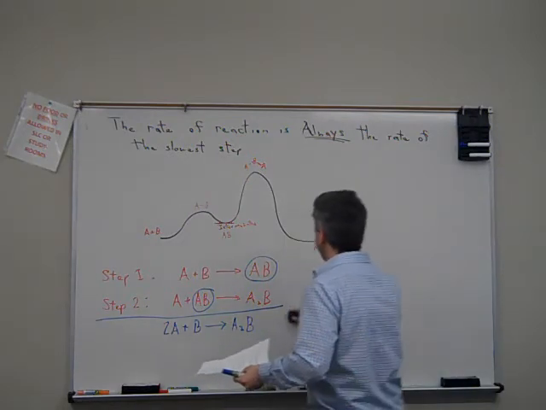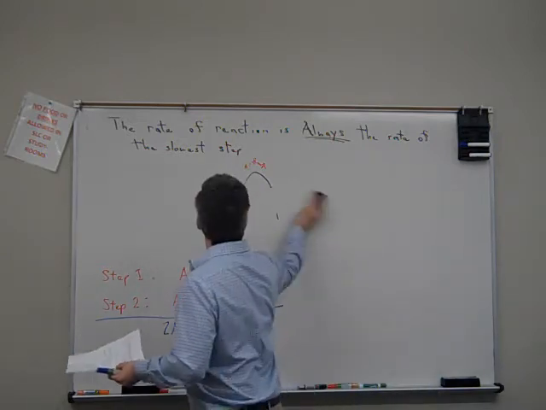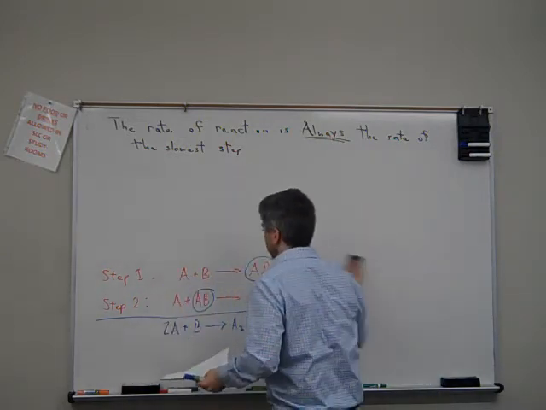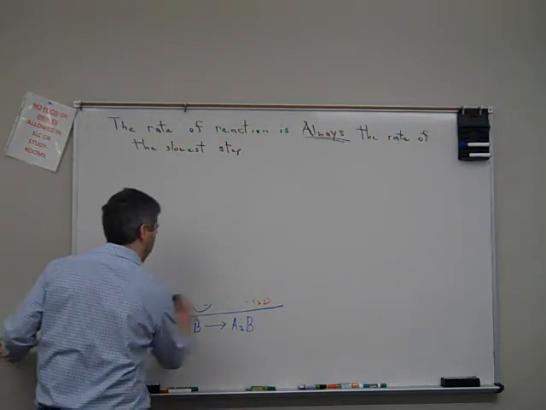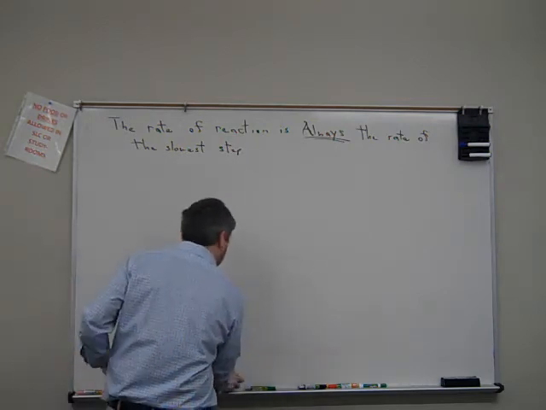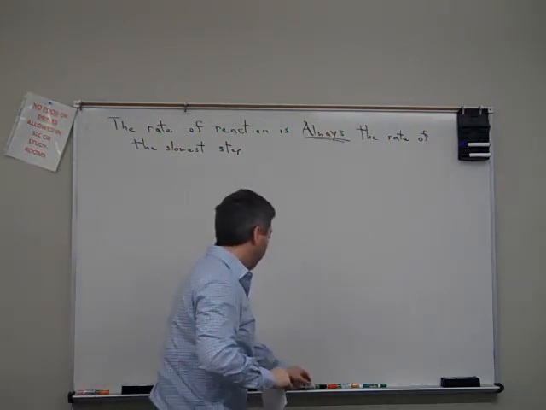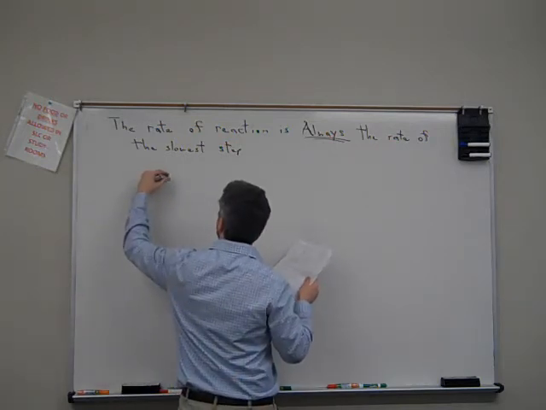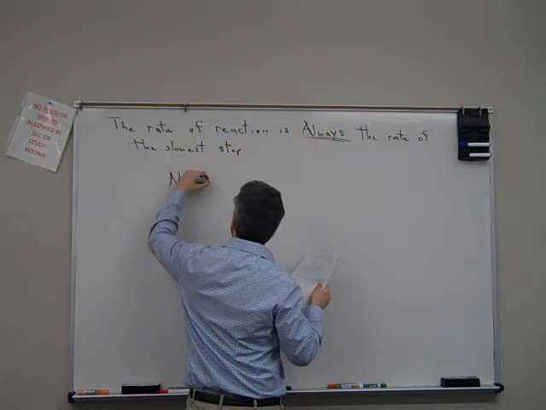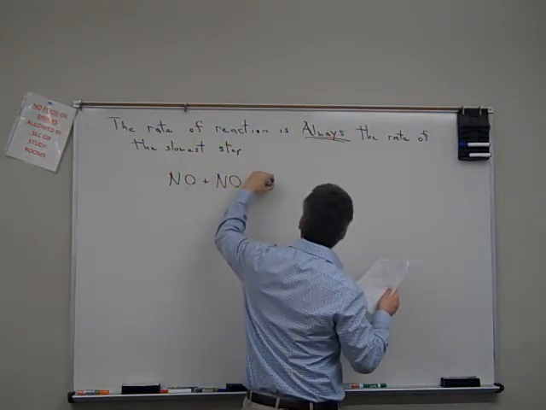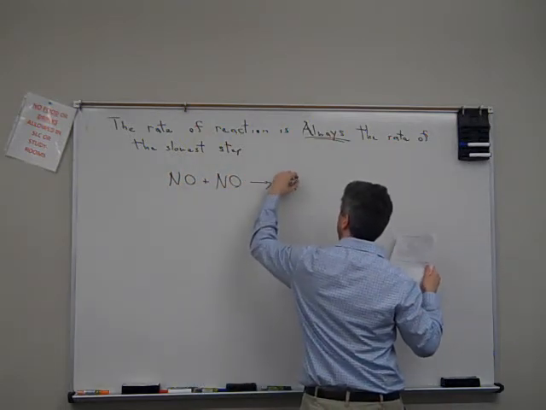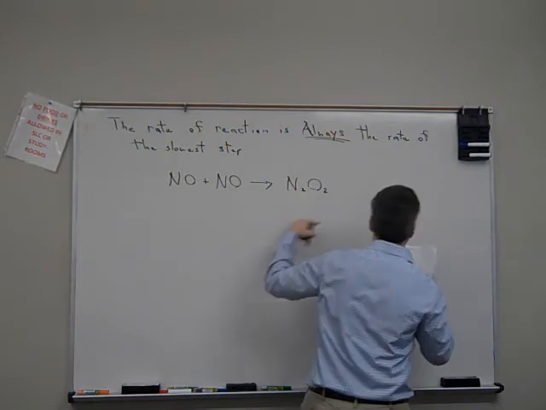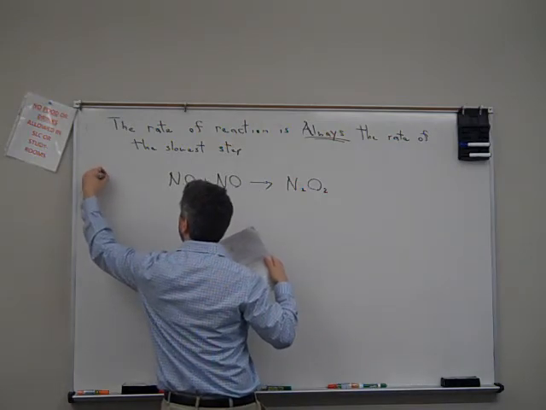Well, in that case, essentially all we're doing is adding up the two elementary reactions and coming up with an overall reaction. So I have NO plus NO goes to form N2O2, and this will be step 1.